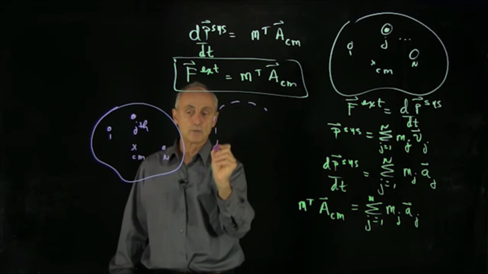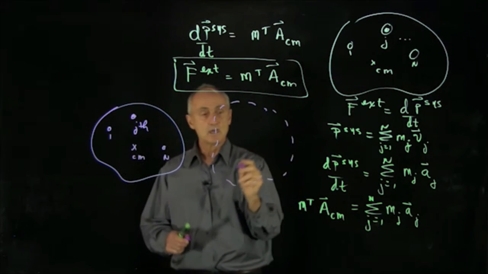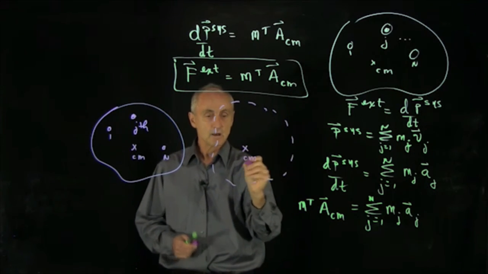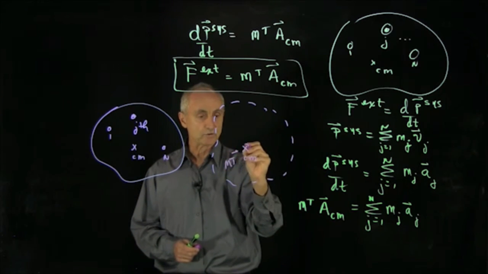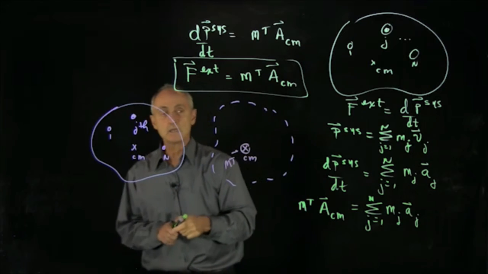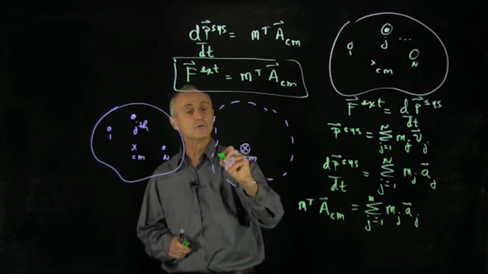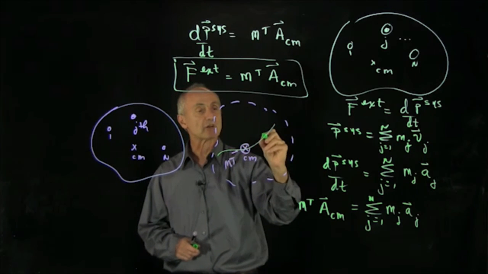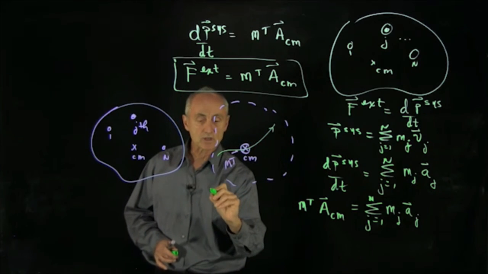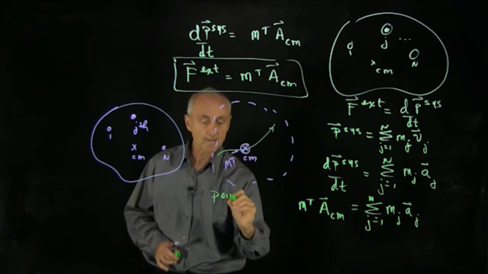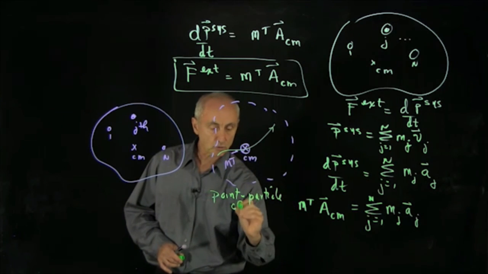Now, I'm going to outline my system like this, and what this equation is telling us is that we can just focus by putting all of the mass, m total, at the center of mass, and that center of mass is going to move according to some trajectory, and all we have to think about is this is now a simple point particle of total mass m.